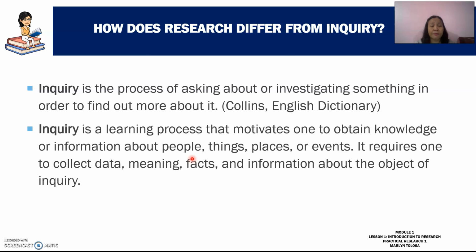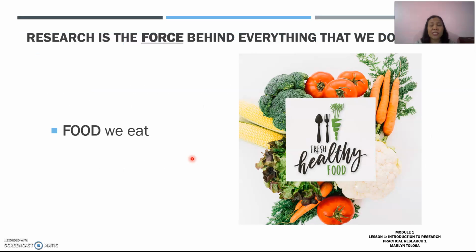Moving on, research is the force behind everything that we do.